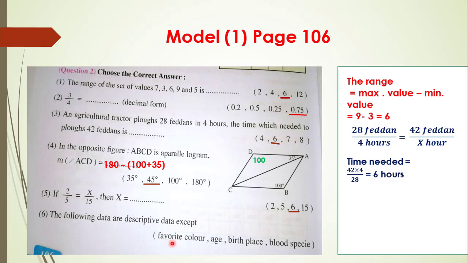So let's start. Favorite color, descriptive. Age. The age is written as a number, so age is not descriptive, it is quantitative, so I choose age. Birthplace and blood species are also descriptive data. So the following data are descriptive data except age.